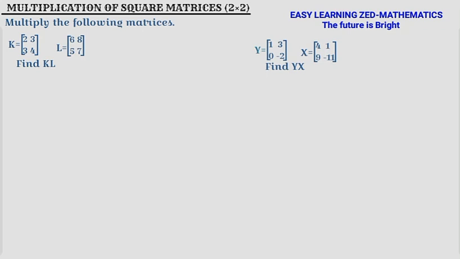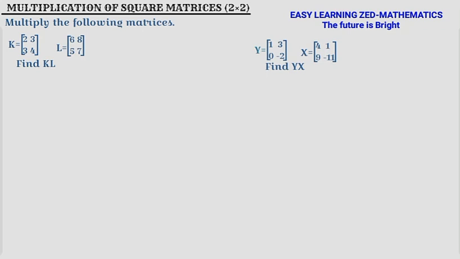And then the question is find KL. They can ask you the question which is on top, multiply the following matrices. That one is too open. It doesn't give you the order in which you are supposed to multiply, but down here they have made a specific request where we have to multiply K by L.